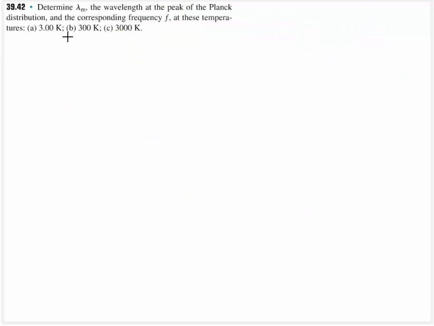And last but not least, let's get some practice determining the peak frequency of the Planck distribution. We're going to use Wien's displacement law, which is going to predict the maximum wavelength. Again, it's going to be 2.9 times 10 to the minus 3 divided by the temperature. For part A, the temperature is going to be 3 Kelvin.